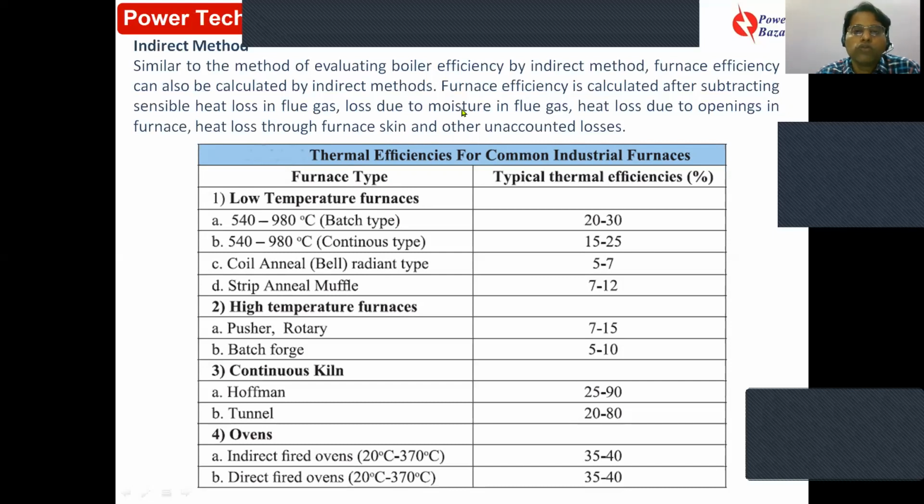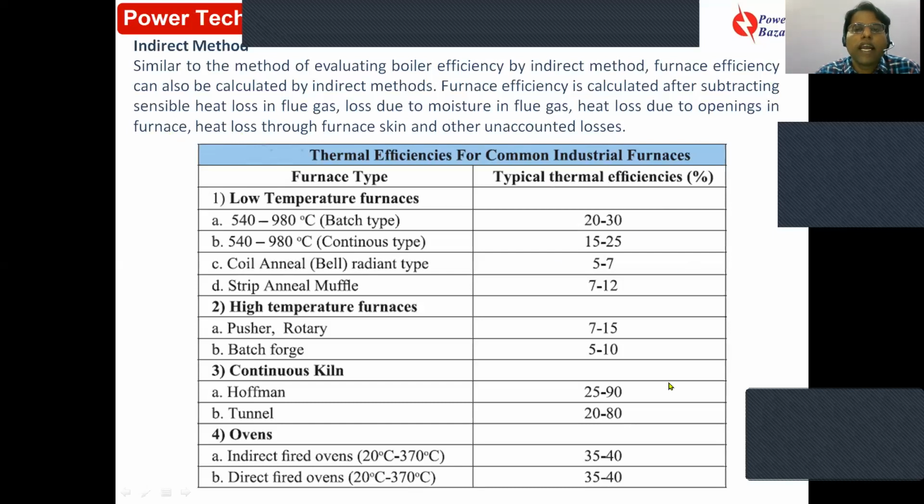Plus, as you know, in the flue gas there may be some moisture in the fuel and in the air, so those will be converted to moisture, and there will be some heat loss which the moisture will take away. Also, the furnace has to open and close so that material can be put in and taken out, so there will be some heat loss due to opening of the furnace. Then there is heat loss through the furnace skin and other unaccounted losses.